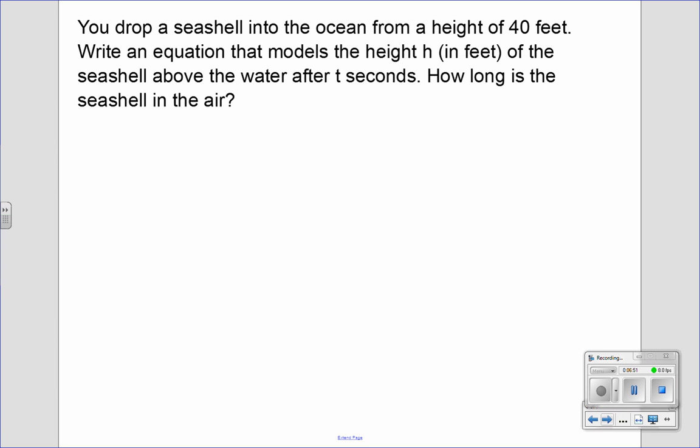Now, our last word problem is about dropping an object. Okay, and when we drop an object, there is a model that we can use. And the model is h equals negative 16t squared plus h sub 0. And h sub 0 is our initial height.